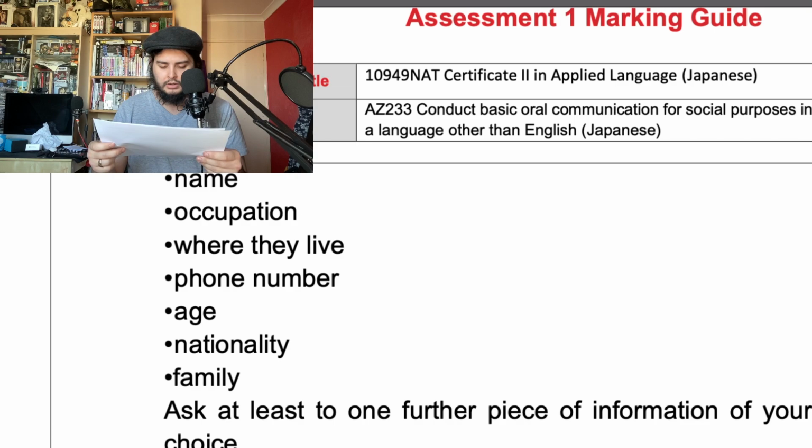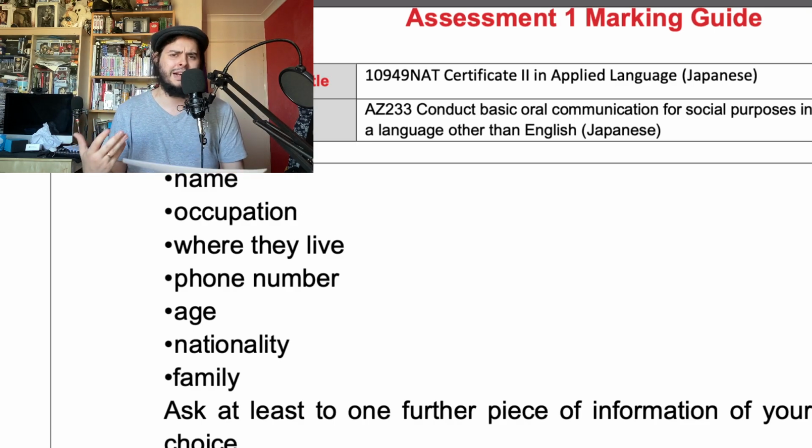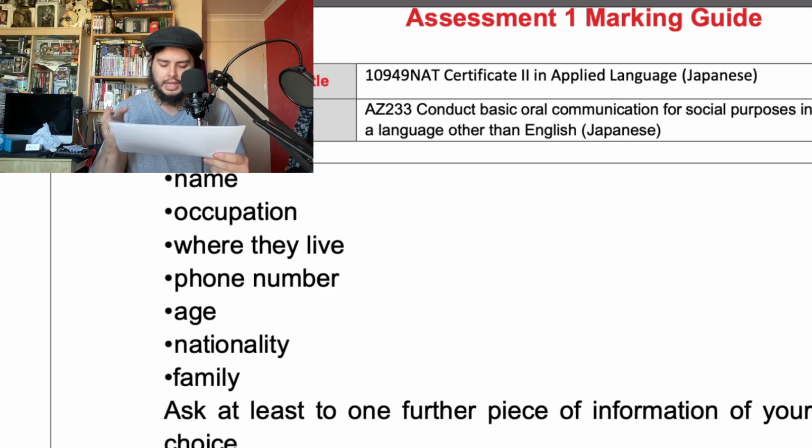Then we move on to family, and I wasn't too sure about how to ask this question, so the way I went about it was I asked, how big is your family? And so I put "anata no kazoku wa dore kurai desu ka?"